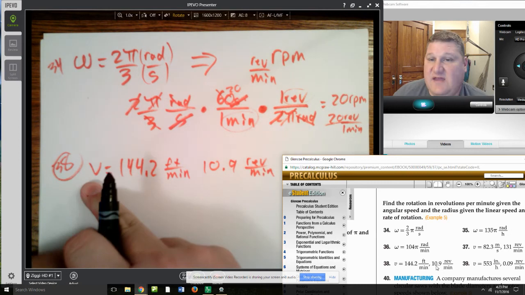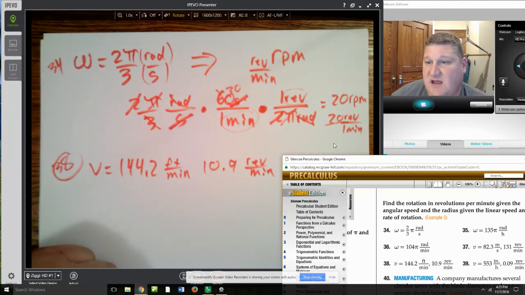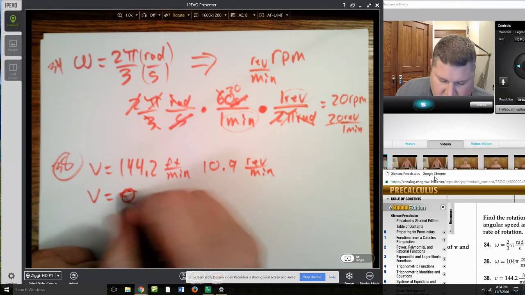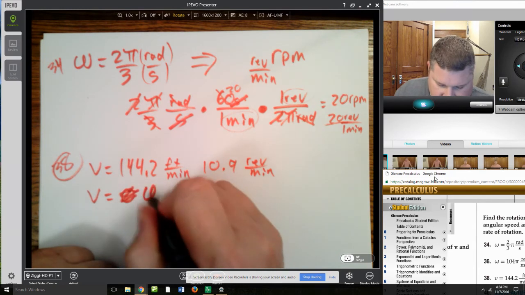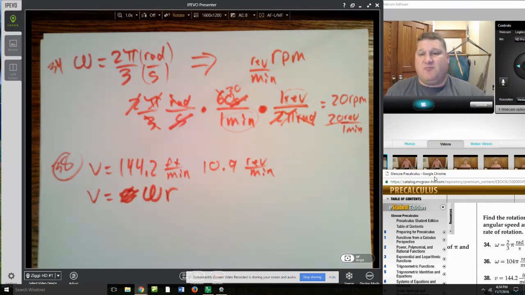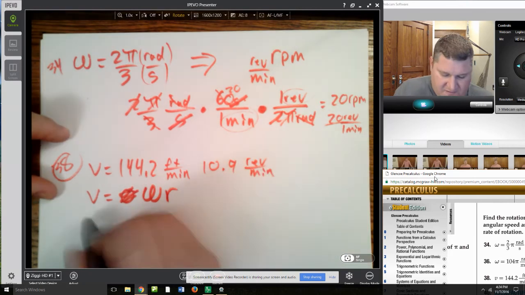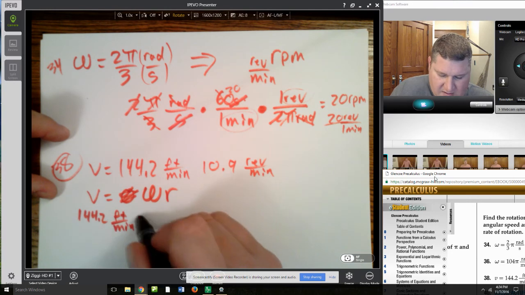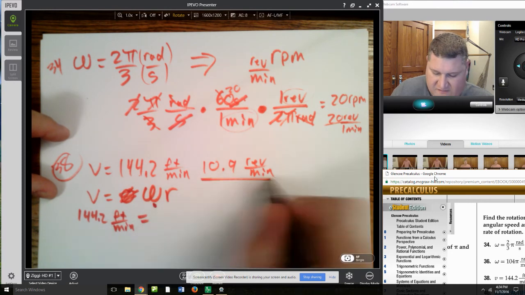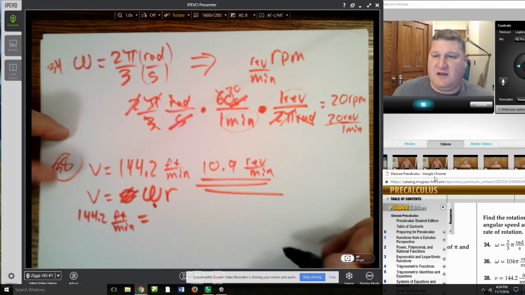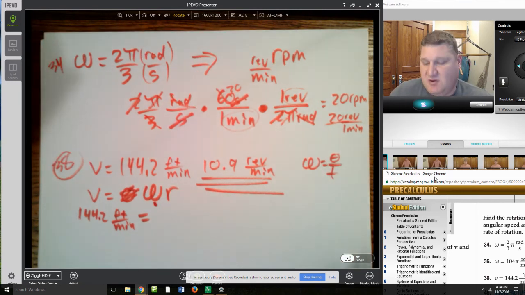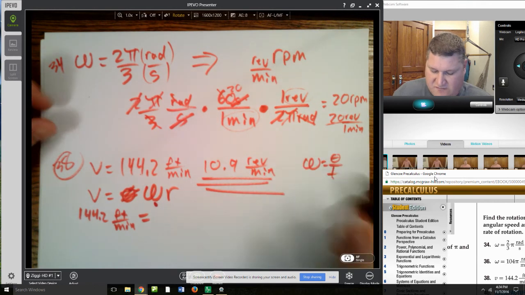Now, if I have V, there's only a couple formulas that I can use for V. V equals omega R. Now, the problem is, V is 144.2 feet per minute equals omega R. This is not omega. How do I know? Because omega is theta over t, so it's going to be radians over time, not revolutions over time.